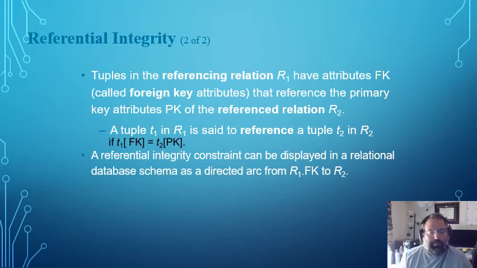A tuple t1 in R1 is said to reference a tuple t2 in R2 if t1[FK] is equal to t2[PK]. A referential integrity constraint can be displayed in a relational database schema as a directed arc from R1.FK to R2.PK.